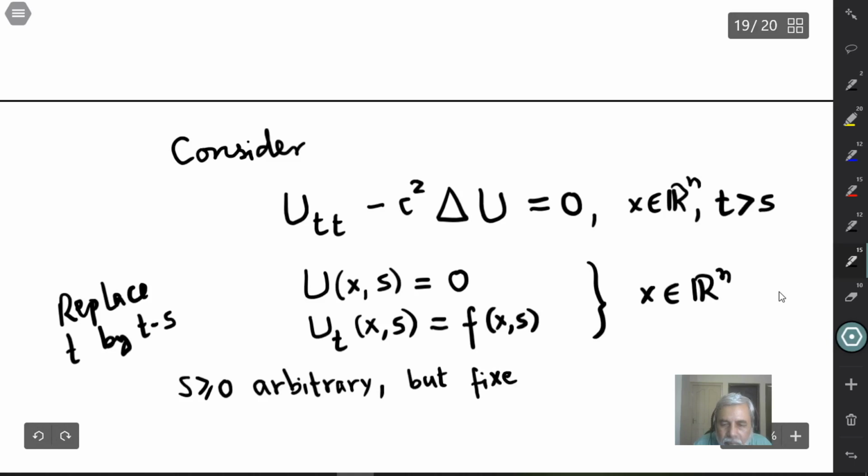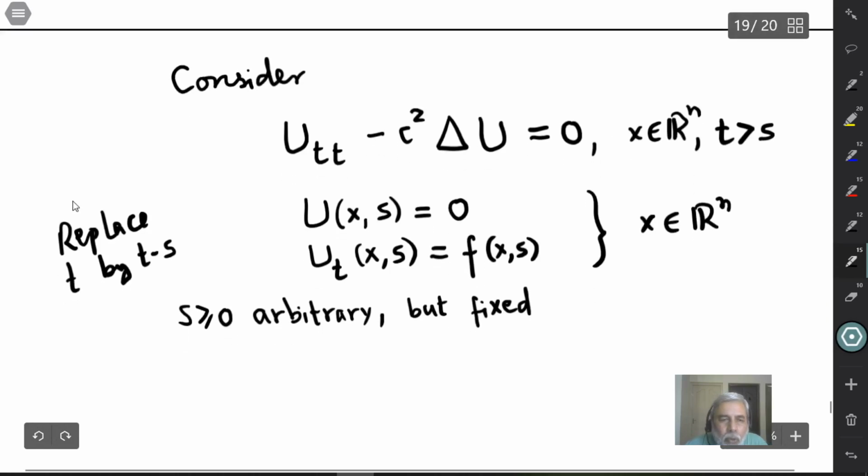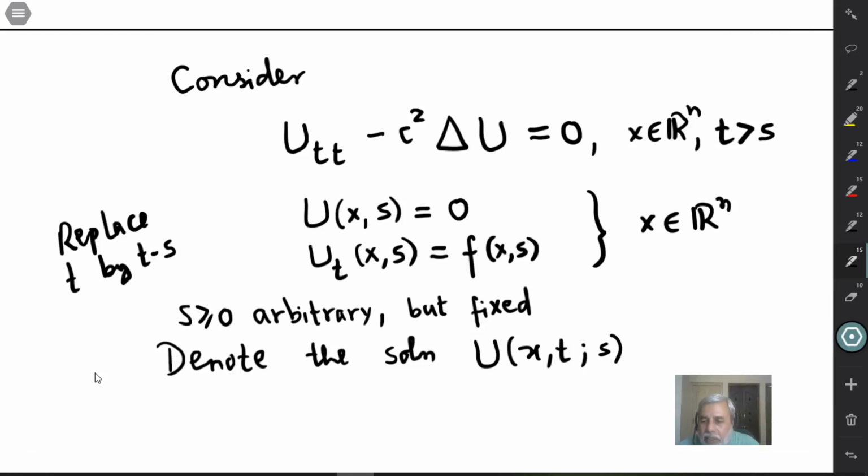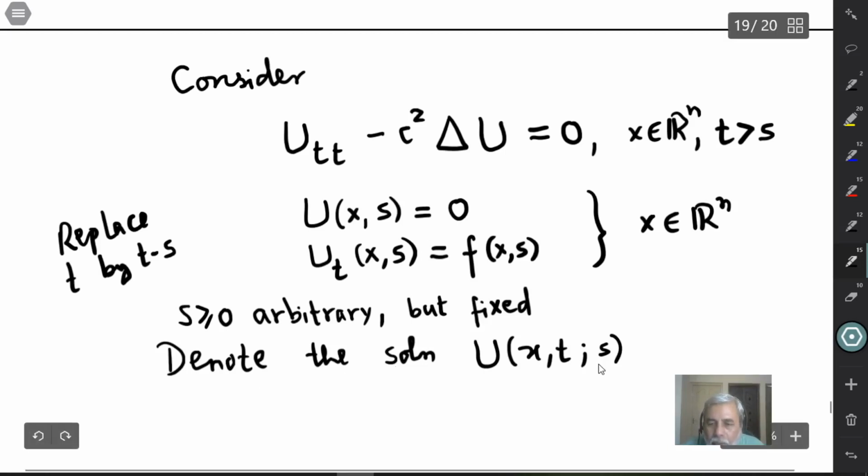So as we vary s, we get a family of solutions. So denote this solution by u of x, t, and just to stress the dependence on the variable s, we also write this as u of x, t, s.